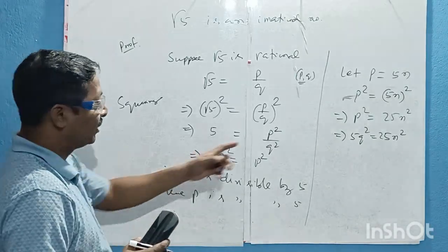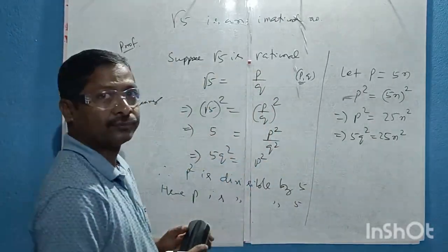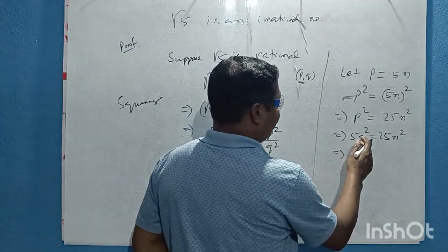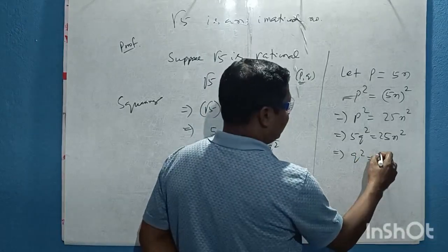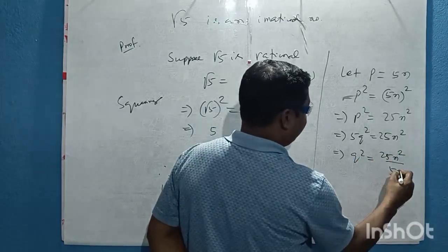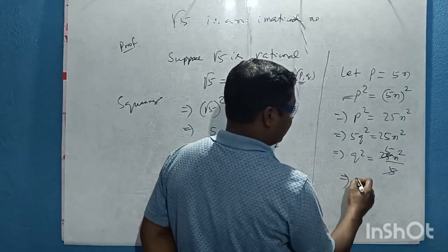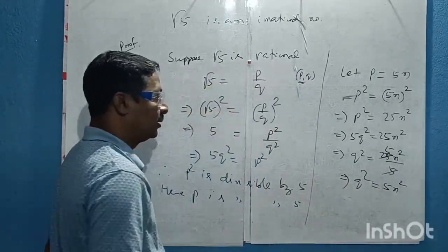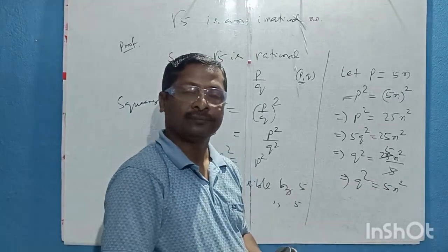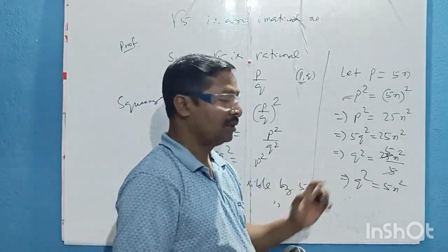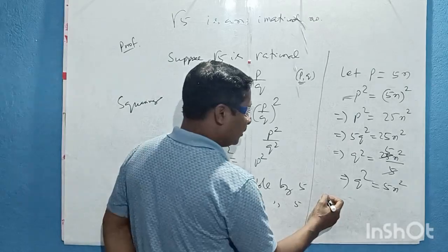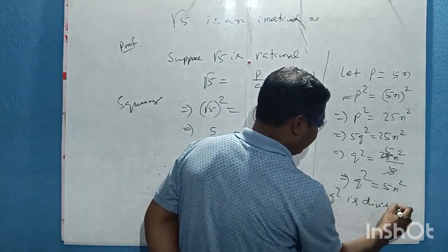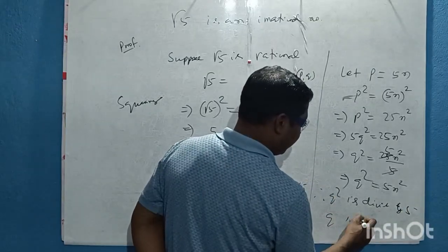So here I have to prove q square equal to 25n square by 5, so q square equal to 5n square. So I can write here q square is divisible by 5, because q square is 5n square, a multiple of 5. Hence q is divisible by 5.